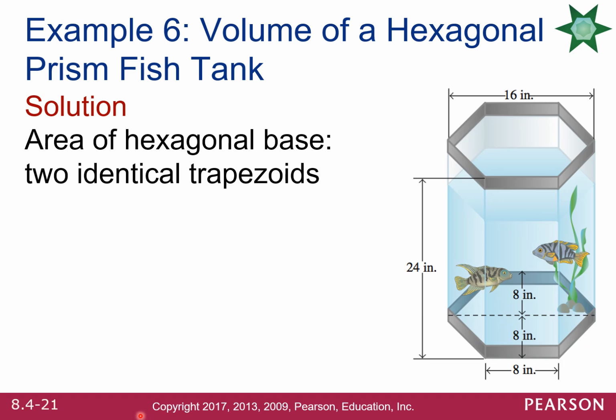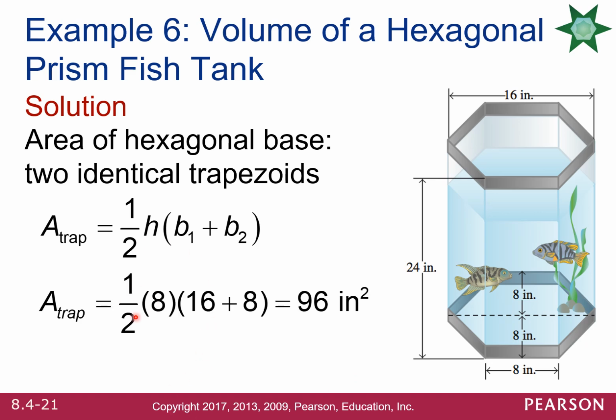But first, let's focus on how to find the area of the trapezoid. So area of a trapezoid is given by half the height multiplied by B1 plus B2. So B1 is this longer side, and B2 will be the shorter side of the trapezoid. So let's plug in the values now. We have half, which is a constant value, then H is 8, which is the height of the trapezoid, not 24 inches.